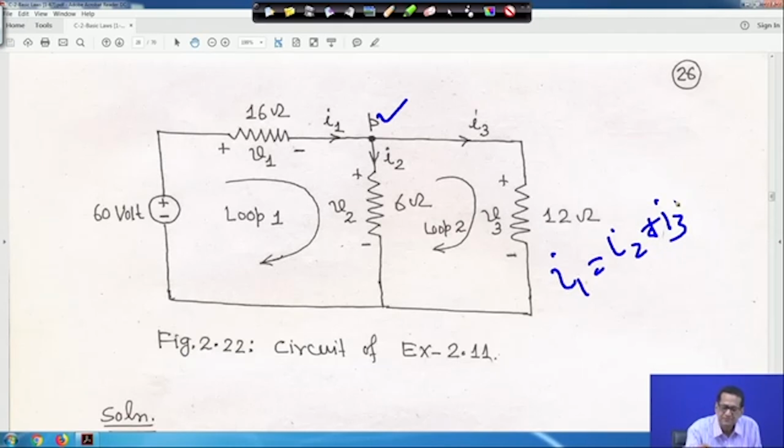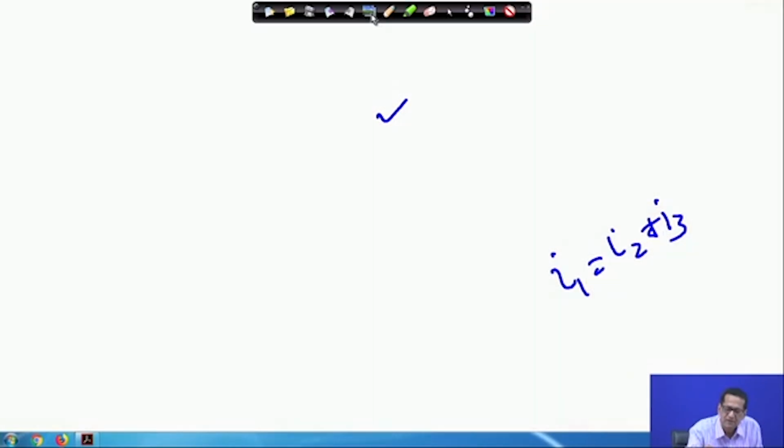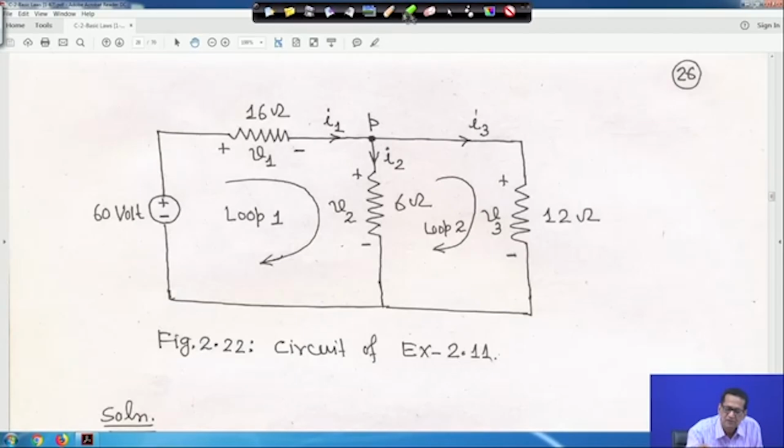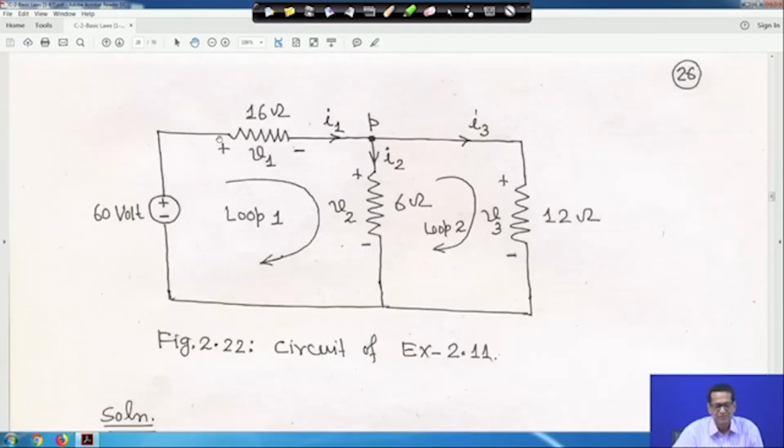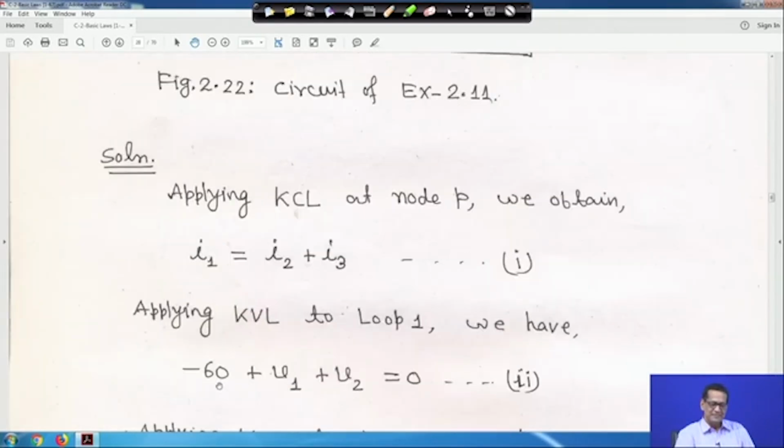So, let me clean it. Now, applying KVL to loop 1. If you move like this clockwise, we encounter the minus terminal first, so it is minus 60.